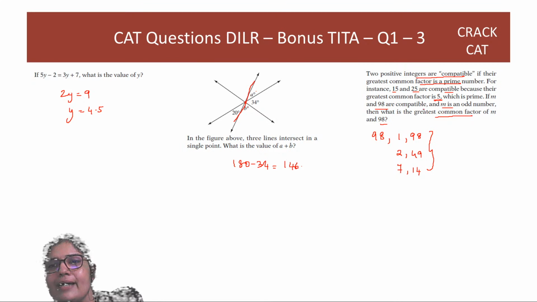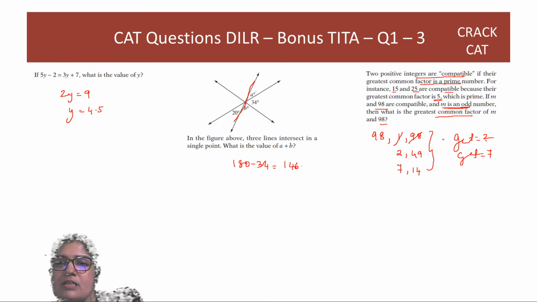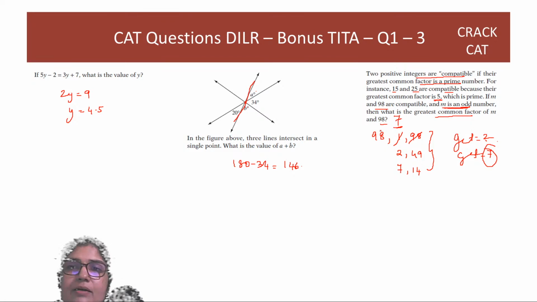Now we know the greatest common factor has to be prime. So this won't work, it can be 2, right? Because 2 is prime, or it can be 7. But m is an odd number. So how can the GCF of m and 98 be 2? It can only be 7. So the greatest common factor of m and 98 is 7, right? Great. Next question.